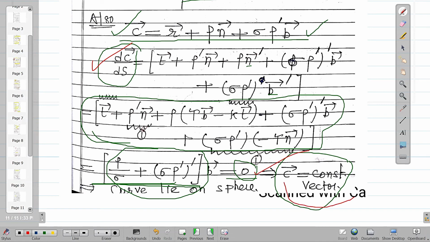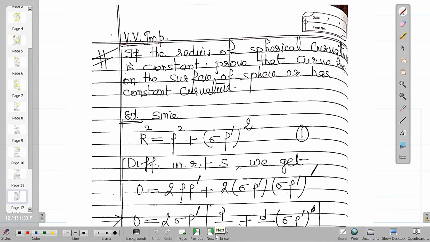It means C is a constant vector. So by proving this result, we get the converse part of the given question, which is very important and expected for examination. Now next, that is again a very important and simple question.